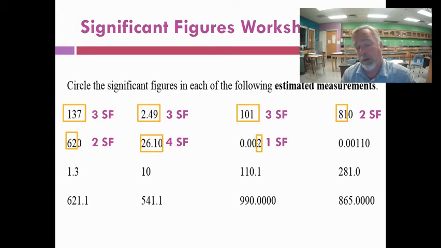Let's look at our next one. 0.00110. Wow, now we're getting a little bit complicated here, but I want you to always think about measurement. What are we measuring? How accurate is our tool? And what do we see here? We've got some leading zeros. That first 3 zeros, 0.00, those are leading. They're never going to count.